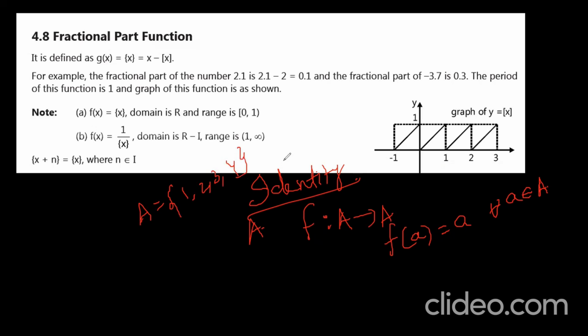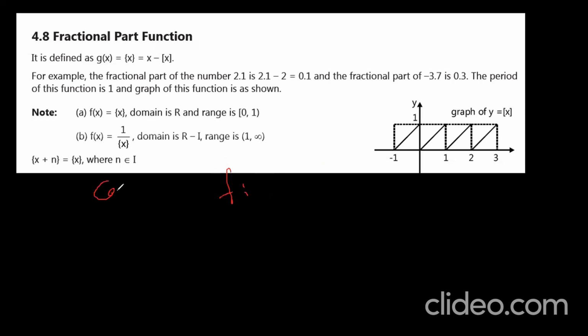And composite function, with more than two functions. Suppose f maps A into B, and then next you take g maps B into C. Then the function is denoted by g circle f.